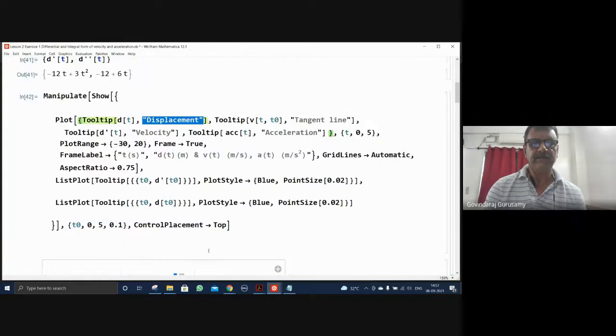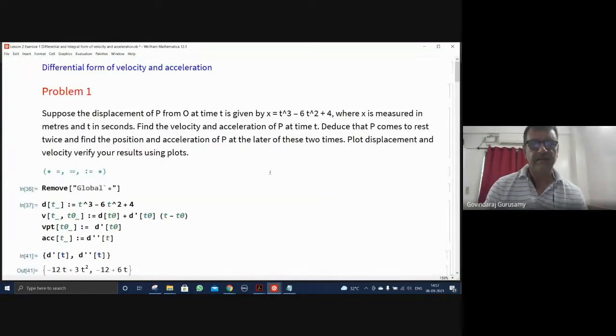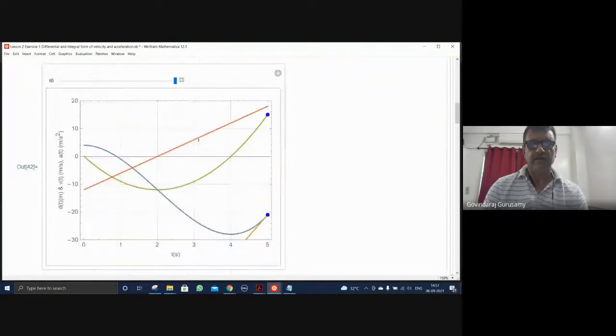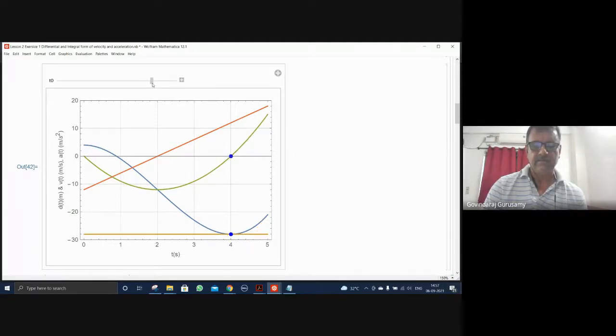What is the next part of this problem? I think we have plotted the velocity and acceleration. In addition to that, we have plotted x, the displacement, along with that. Now you can see that when the slope line equals 0, which is equivalent to the velocity, whenever you find this slope equal to 0, the velocity curve should be crossing or reaching the 0 point here.